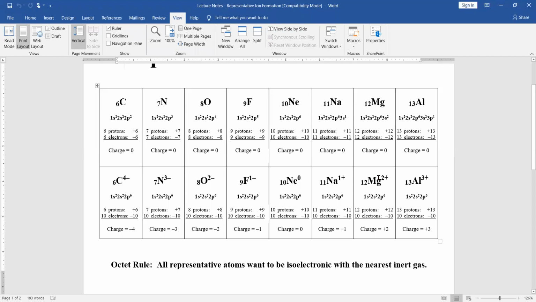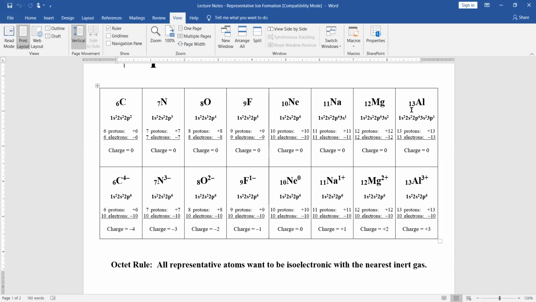Notice that this is somewhat centered about the inert gas, neon. To the left of the inert gas, I have the nonmetals: carbon, nitrogen, oxygen, and fluorine. To the right, I have the metals: sodium, magnesium, and aluminum.